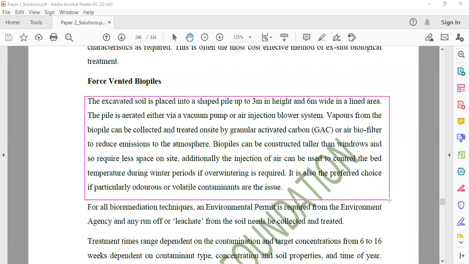And biopiles can be constructed taller than windrows. देखिए mention है यहाँ पे कि उसको ज्यादा बड़ा हम बना सकते हैं biopiles को, which was one of the statements, and so require less space or site. Additionally, the injection of air can be used to control the bed temperature during the winter period if over wintering is required. It is also a preferred choice if particularly odors or volatile contaminants are an issue. So ये ध्यान रखना है कुछ कुछ इसमें, and both the details have been mentioned.